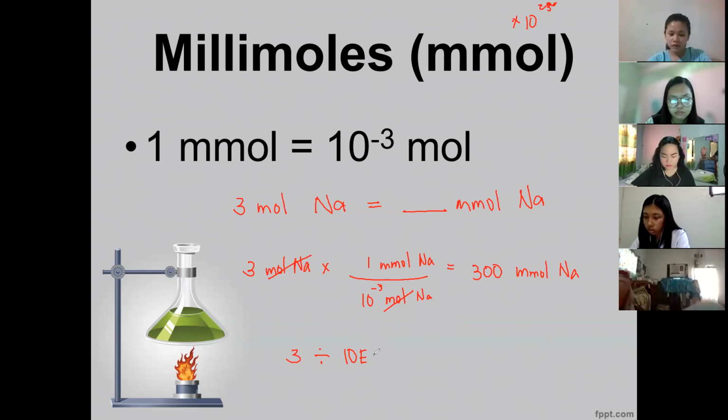So yan kasi ang pinipindot ko pag nag-e-exponent ako. So again, nag-i-input ako ng 10, tapos before ko ilagay si negative 3. Ang sa inyo, 3 divided by 10 raised to the power of negative 3.